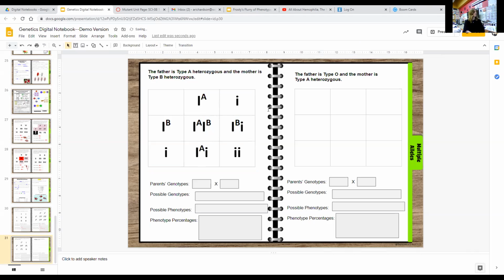All right. So parents' genotypes, we had IAi times IBi. So they're heterozygous, meaning they have a dominant, the A or the B, and they have a recessive, which is from a type O. Possible genotypes, well, we can have IAIB.